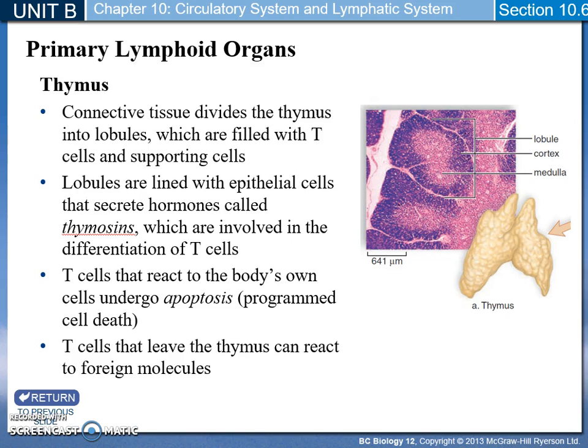T cells that react to the body's own cells, obviously these are not wanted in circulation, so these undergo apoptosis, which is a programmed cell death. So that means then it's only the T cells that react to foreign molecules that leave the thymus.